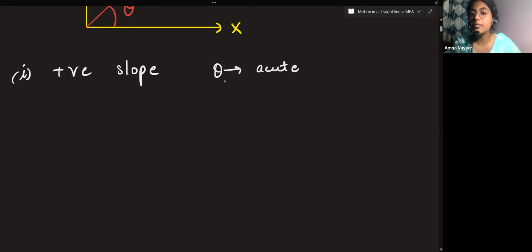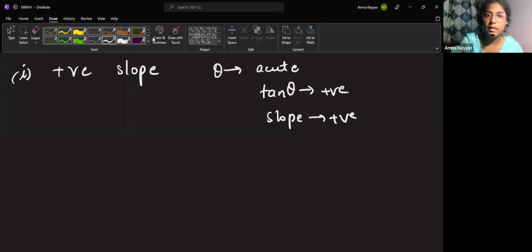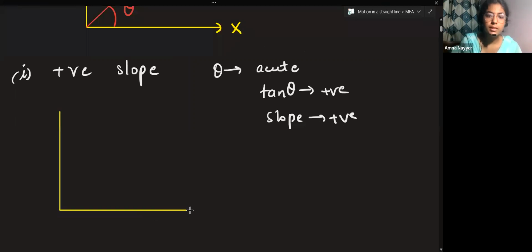So what happens if theta is acute? Then your tan theta becomes positive, and so the slope of the graph becomes positive. So what kinds of graphs do you get in that case? Simply, this is your y-axis, this is your x-axis.